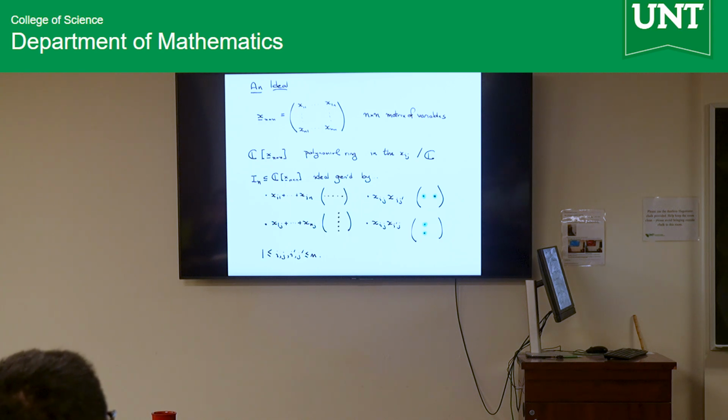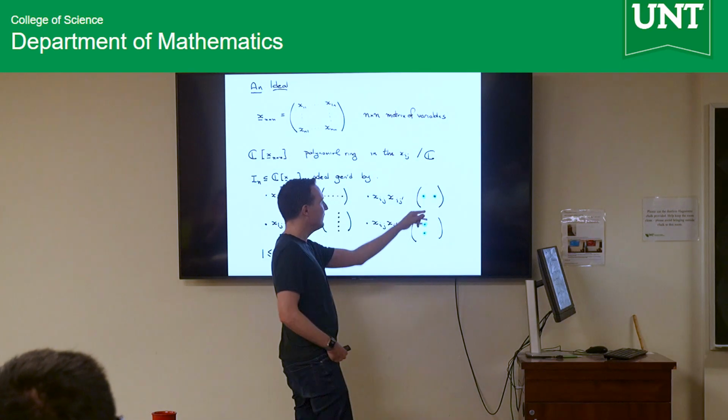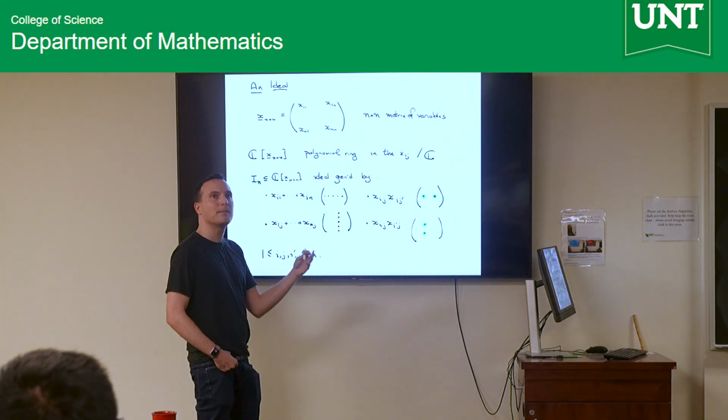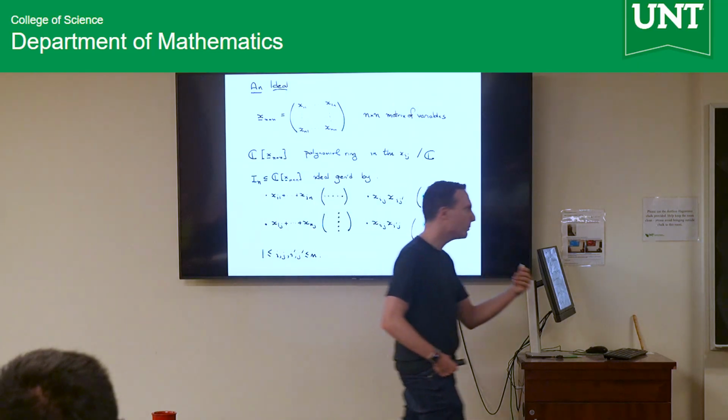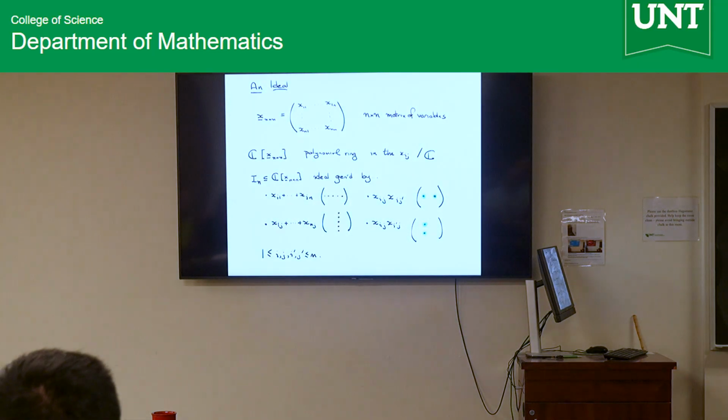So we have sums over rows, sums over columns, and now we'll have products. And these products correspond to attacking pairs of rooks on a chessboard. So we're going to have products of rooks in the same row, and also products of rooks in the same column.